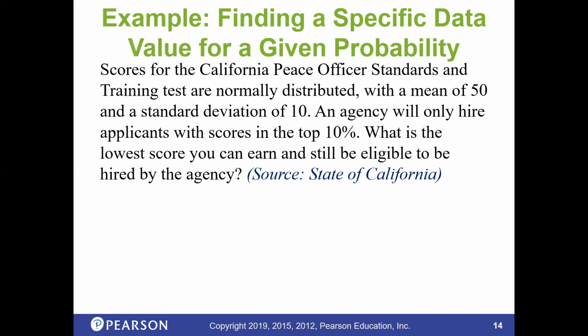An agency is going to hire applicants with scores in the top 10%. What's the lowest score you have to earn and still be in the top 10%? That's what I'm looking for.